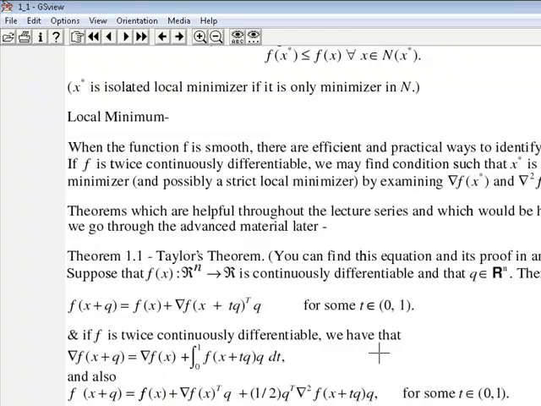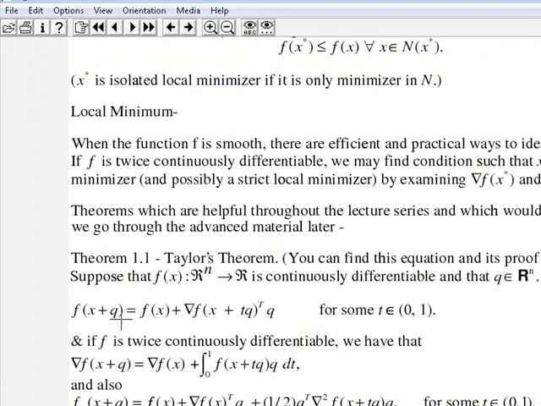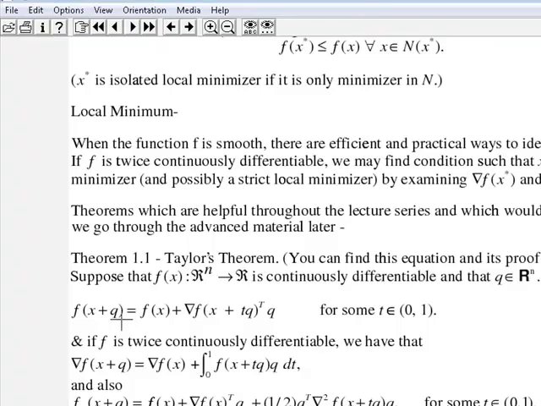Here is the theorem: f of x plus q, where q is some vector, is equal to f of x plus del f of x plus tq transpose times q, for some t belonging to 0 to 1.